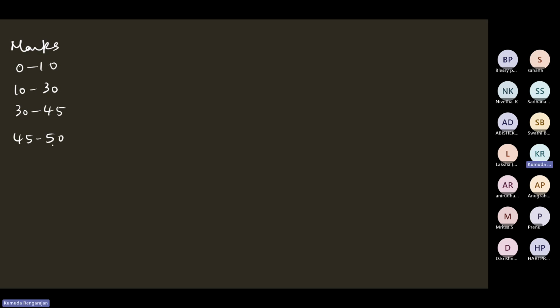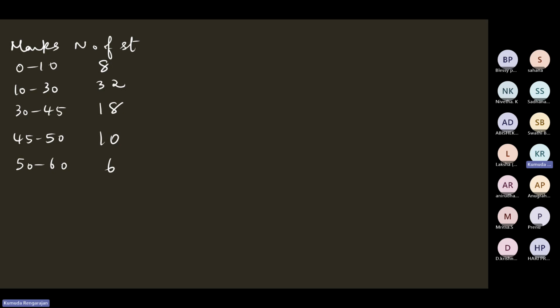Number of students: 0 to 10 is 8, 10 to 30 is 32, 30 to 45 is 18, 45 to 50 is 10, and this is 6.